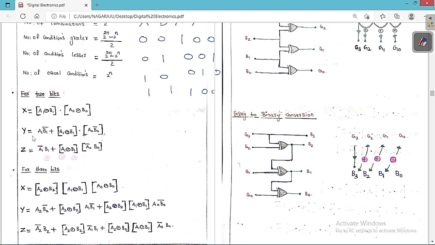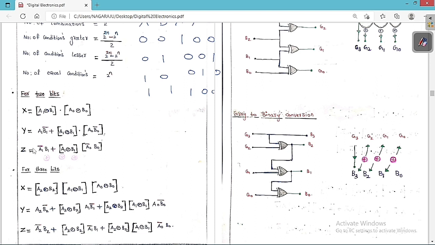So we can have 2 conditions, which is A1 is greater than B1, or A1 is equal to B1 and A0 is greater than B0. So therefore simply we can say when A1 is greater than B1 it is A1 B1 bar plus, if A1 is equal to B1 it is A1 XNOR B1 and A0 is greater than B0, so A0 B0 bar.